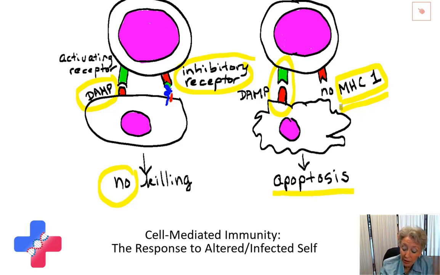It's true that my red blood cells don't have any MHC class 1, so that particular pair of receptors is in the appropriate position to cause death. But unless I've got a problem with my red blood cell where DAMPs are being expressed on the surface, I don't have the activating receptor in the appropriate position. So my red cells are not killed because they don't express the damage that is the activating signal for these cells.